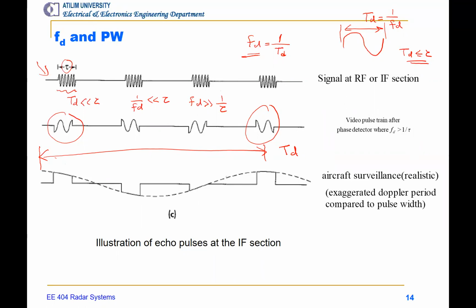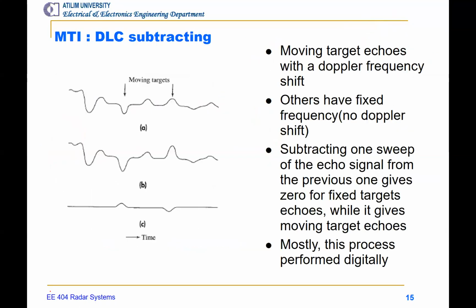So we have to take several pulses, collect the phases, and then combine the phases to measure the Doppler shift. Okay, this is typical for aircraft surveillance radars. So simply, there is a relationship between the Doppler shift that we expect and the pulse width. We have to know how many pulses we need to process to extract the Doppler shift, depending on the pulse width and the expected or estimated Doppler shift.